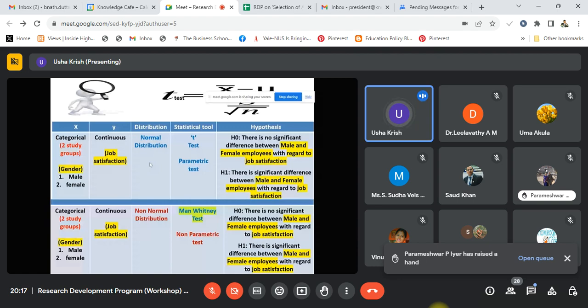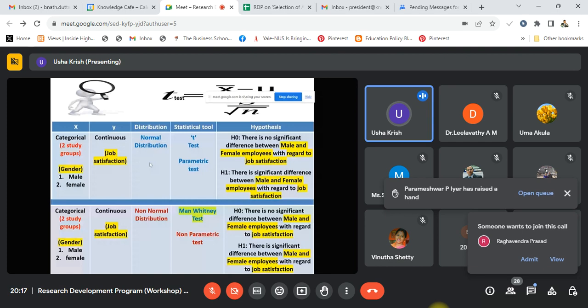You can see on the slide, null hypothesis: there is no significant difference. One minute, I'm deviating. See, only Indian examiners expect that I should use the word significant in the hypothesis.